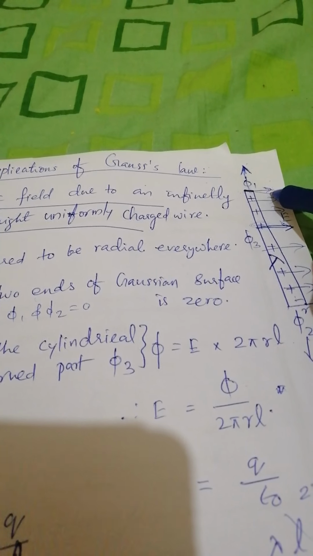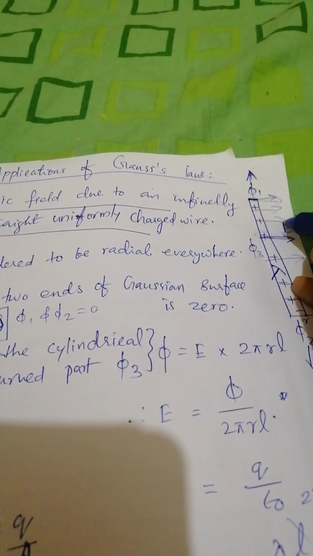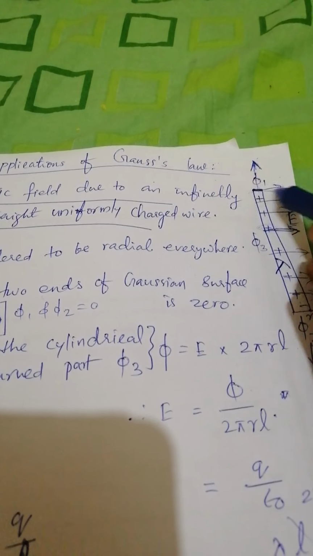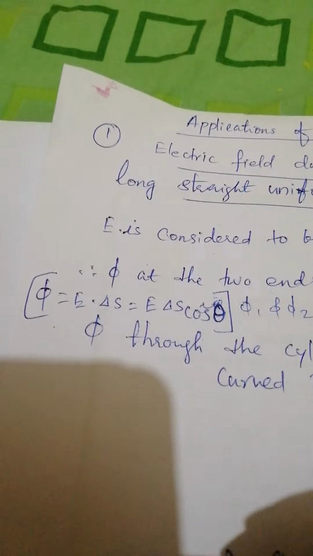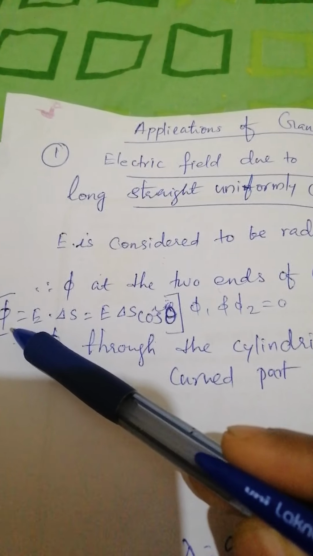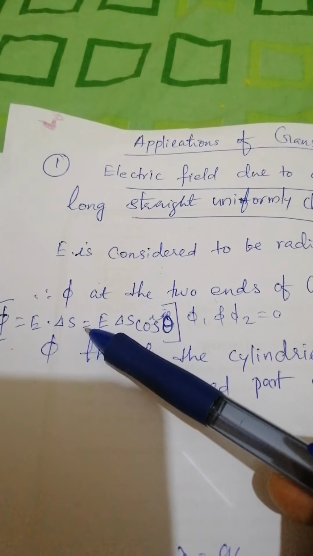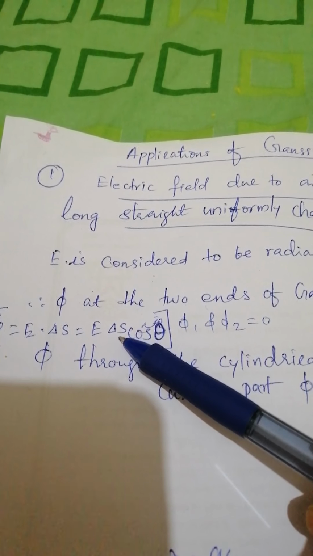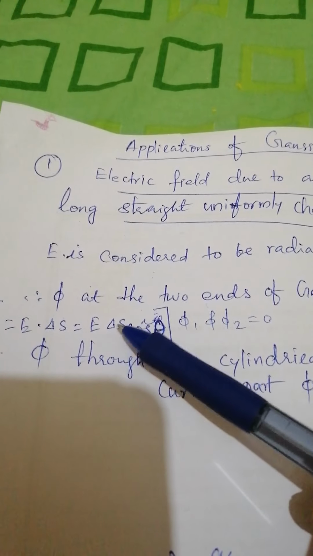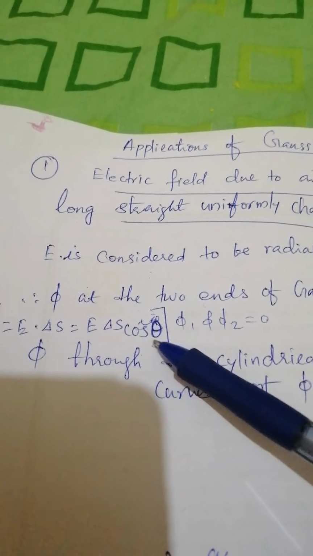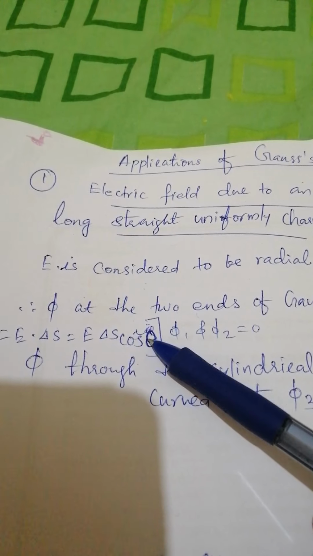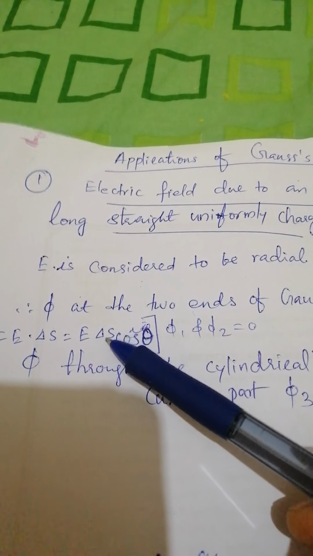The electric field is radially outwards, and we know that electric flux phi is equal to E dot dS, that means E delta S cos theta. Delta S is the area and theta is the angle between E and this area.